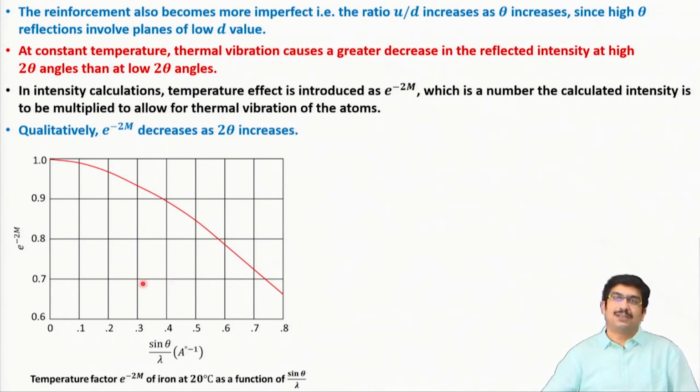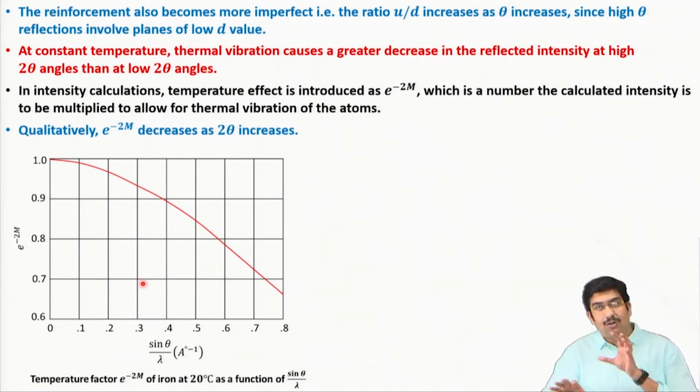This comes from the same relation, lambda equals 2d sin theta. So d and sin theta are inversely proportional. For lower d value planes, which are much closer, or high index planes which are much closer to each other, the diffraction occurs at a much higher 2 theta value. For those planes, the ratio u by d will automatically increase.